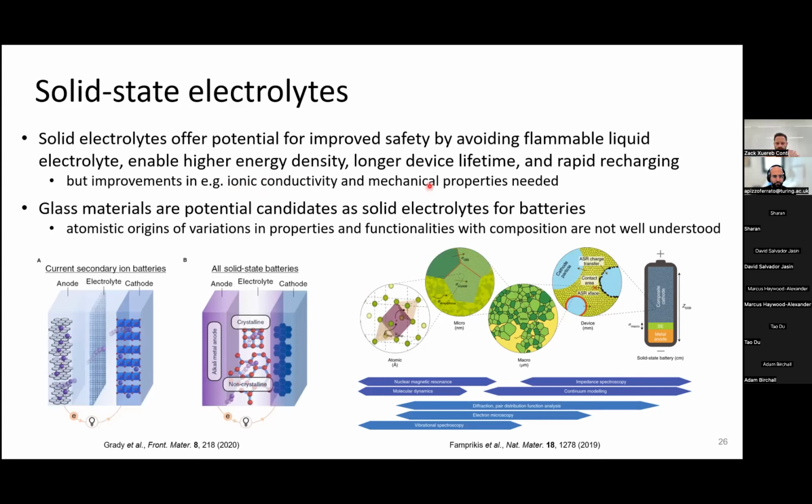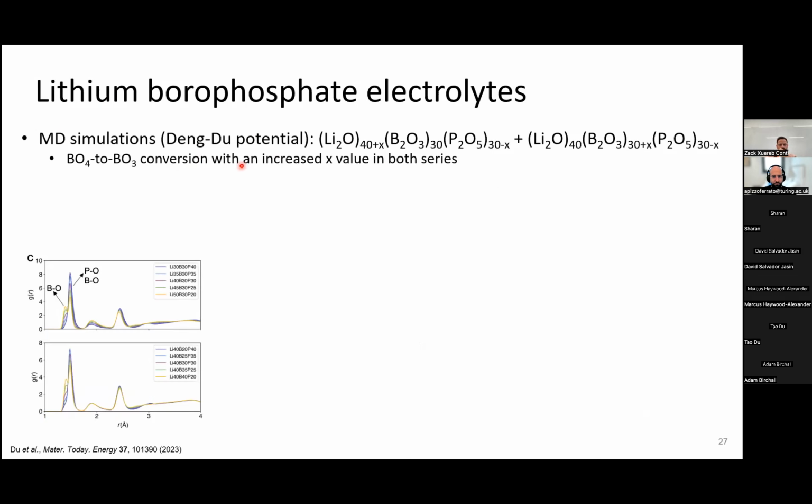And the mechanical properties become critical, because you can have expansion and contraction during cycling that puts stress in this glass state, and that, as we have discussed, can lead to fracture. So we have an interest in understanding some of the proposed or potentially used glassy electrolyte systems, again with machine learning.